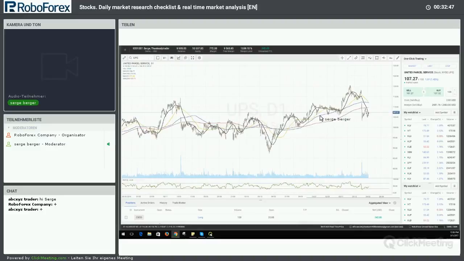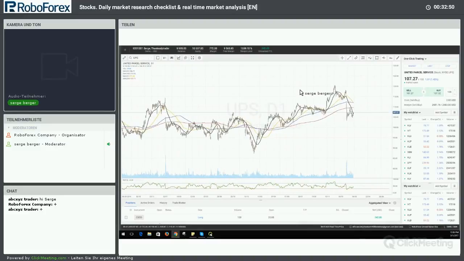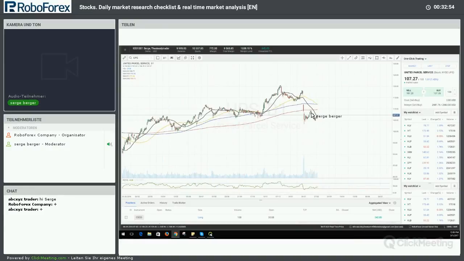So let's have a look at UPS. United Parcel Service, as you can see, doesn't look anything like some of these other transportation stocks that we just looked at, and the main reason for that is because UPS, after its earnings report just a number of weeks ago, had a very big sell-off. In fact, it was a two-day steep sell-off, then a little sell-off day, and then it started to catch itself and go sideways.